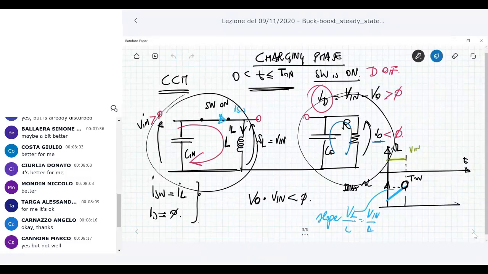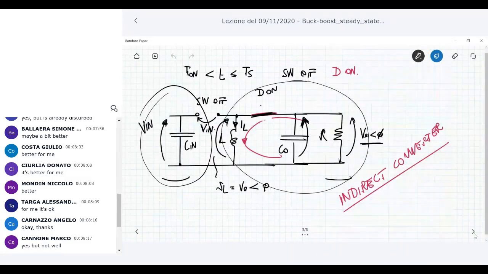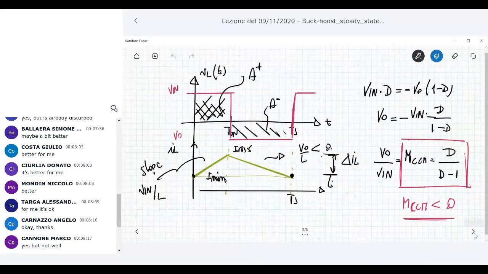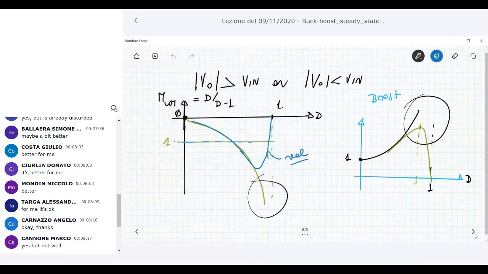So you should understand that this situation always leads to the fact that the conversion ratio with D equals 1 should go to 0. The same happens for the conversion ratio of the boost. Okay, so you can discriminate between an ideal conversion ratio and what you can obtain in practice.